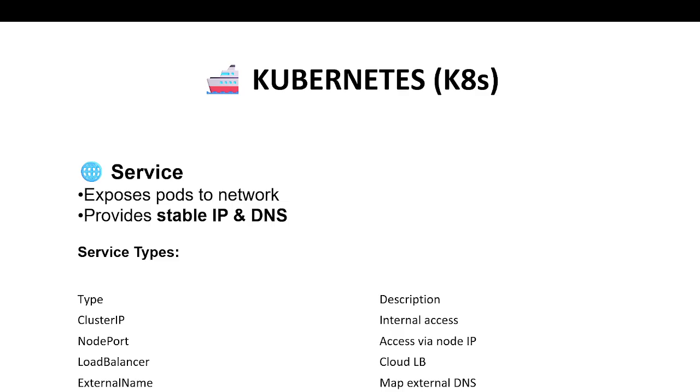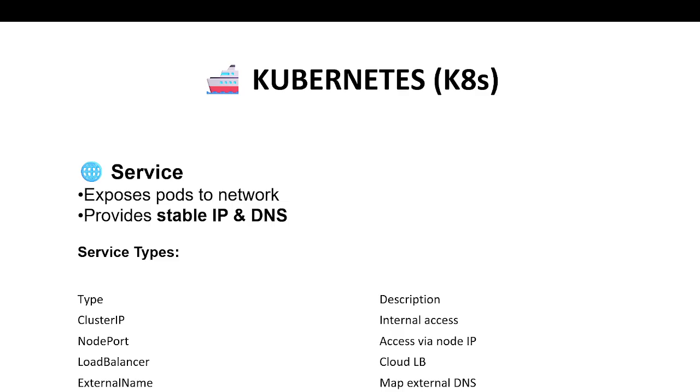Service types. In services there are some types, and number one is ClusterIP. Description: internal access. If you provide ClusterIP, it is useful for internal access of pods. And the NodePort, access via node IP.